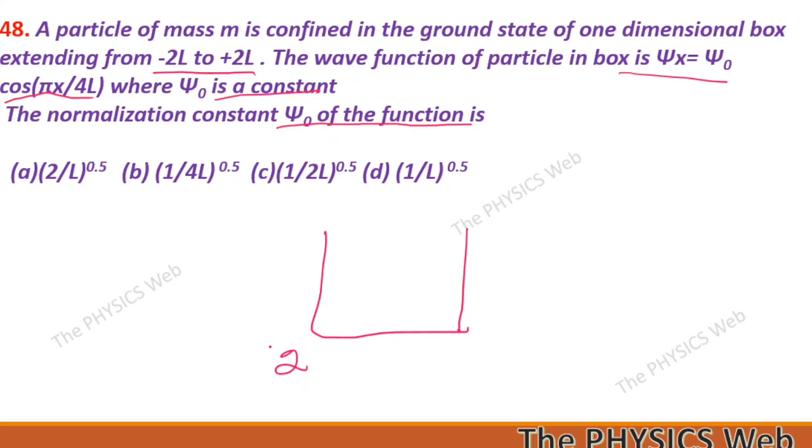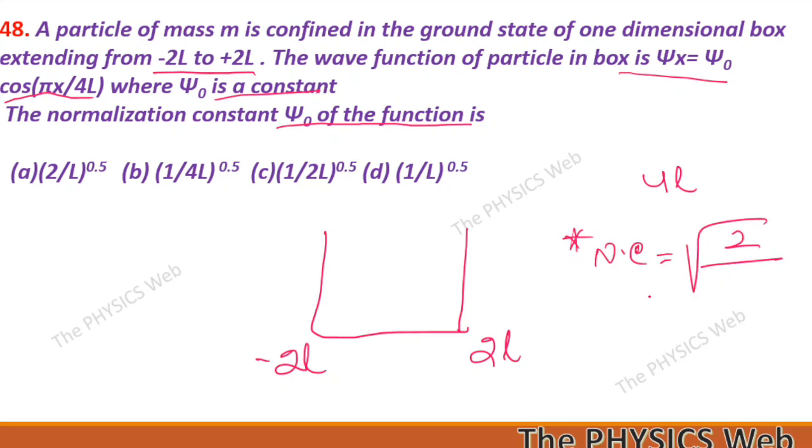Here the box length is given as minus 2L to 2L, so the total box length is 4L. Remember, in this case, the normalization constant will be square root of 2 by the total length of the box, that is 4L, so this will equal 1 by 2L. C is your correct option. You can calculate this also, but remember, in this way you can check the option.